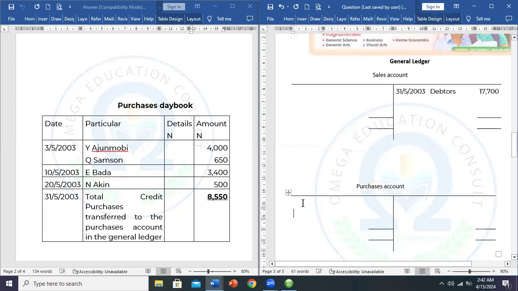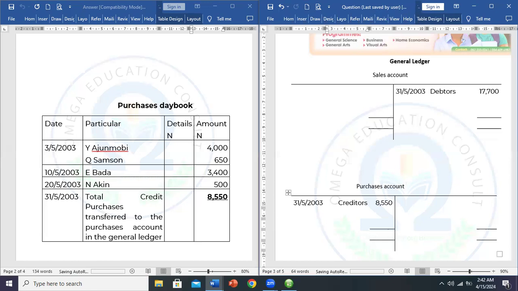The closing date, 31st May 2003. And the narration will be creditors. You put the figure 8,500. Please, are we okay? So it's very simple. Post the individual accounts into the purchases ledger and post the total into the purchases account in the general ledger.